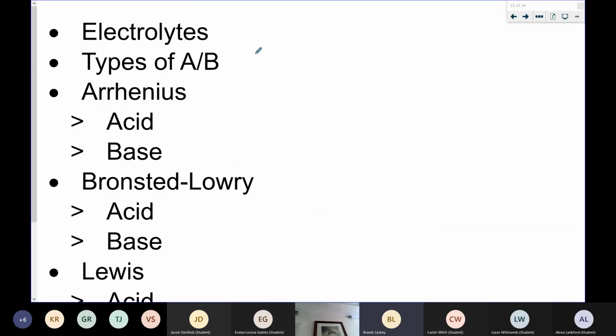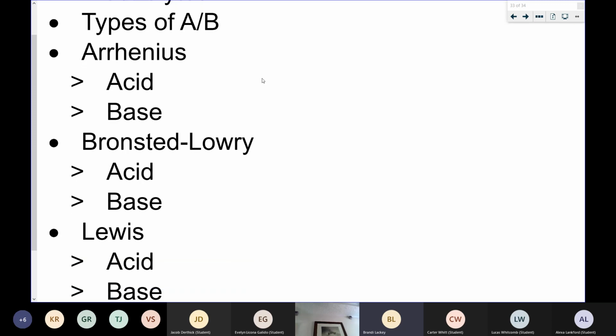And I'm going slightly out of order. So we already talked about electrolytes. A lot of times, since these produce ions in solution, they can conduct electricity. One of the last things we did in the unit was we talked about the different types of acids and bases. So remember, we had our Arrhenius definition of acids and bases. These are our normal acid-base definitions.